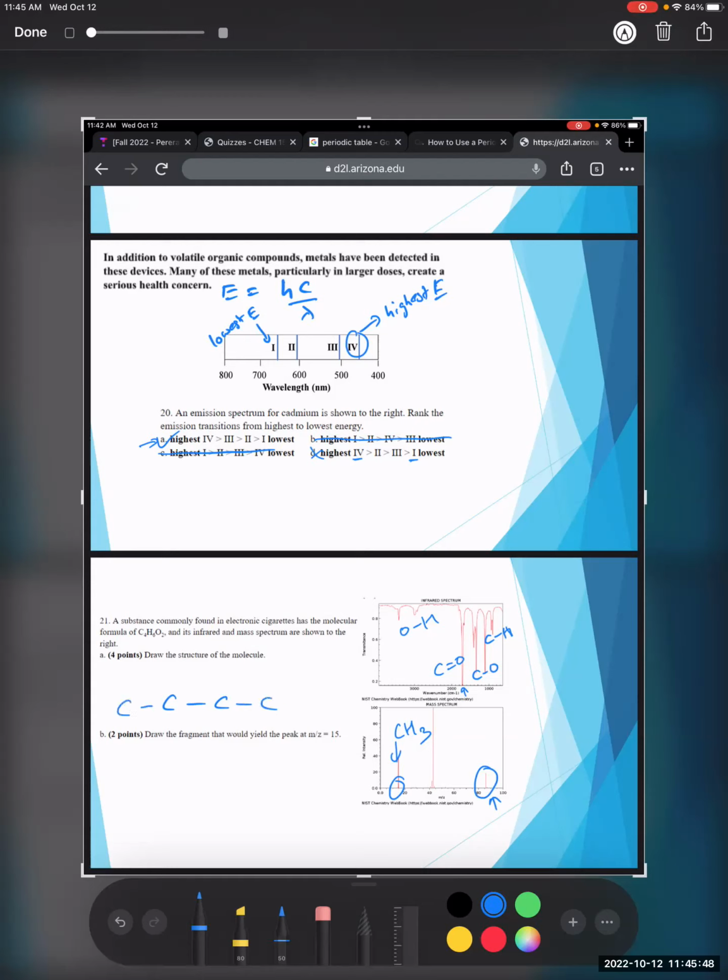You have 4 carbons, and then C double bond O, C double bond O, and then OH, hydrogen, hydrogen, hydrogen, and hydrogen. 6 hydrogens.